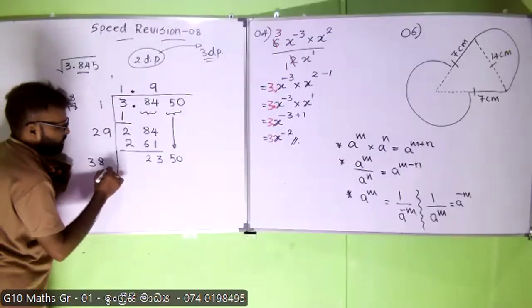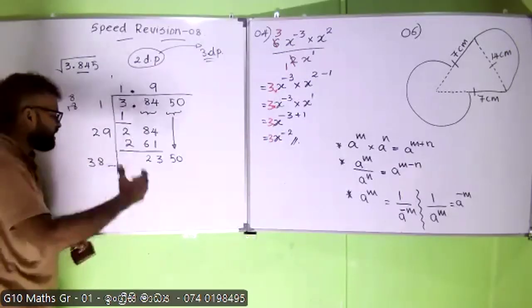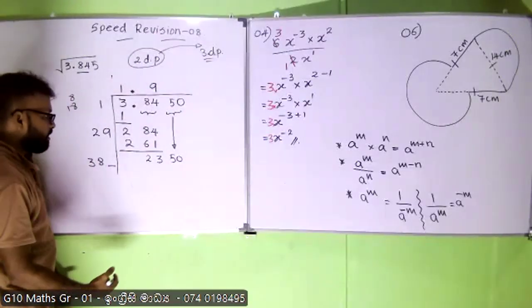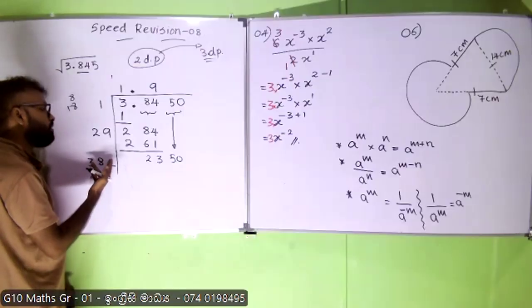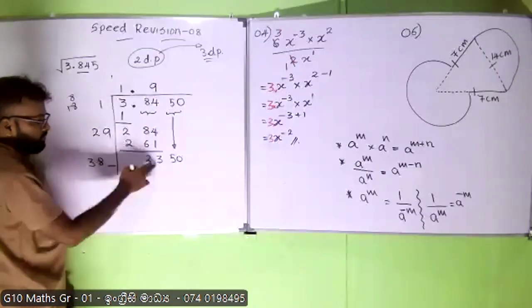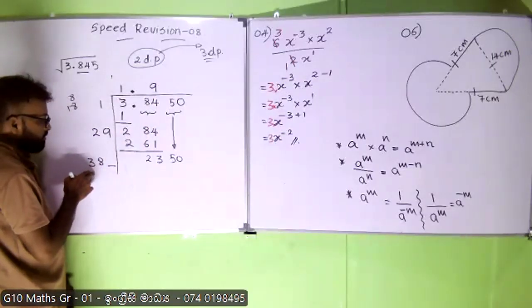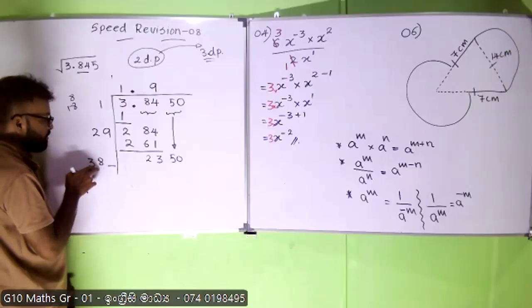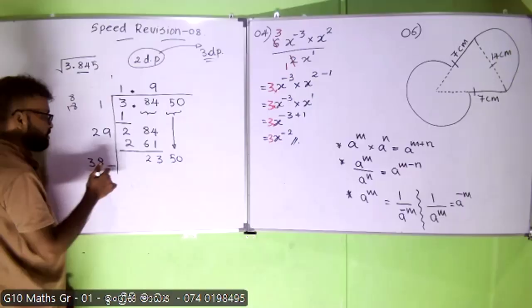If you fill this number, 380 something. It should be like 5, 5 times 3, 15, 5 times 9. 6 times 18, 6 times 8. It should be 6, right?